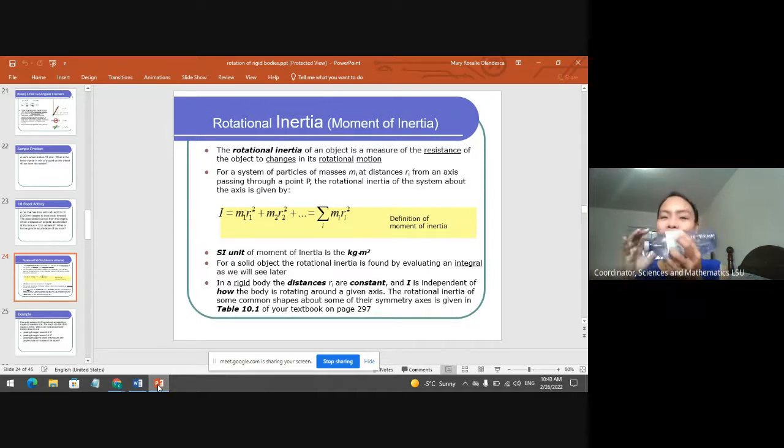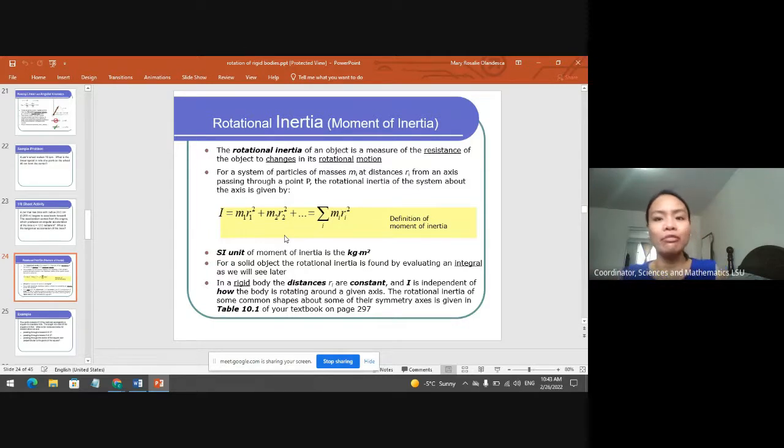There is that moment of inertia or rotational inertia, which is the resistance of the object to change in its rotational motion. Our formula for that is I equals m1 r1 squared plus m2 r2 squared and so on, where m1 is the mass of object 1, and r1 is the radius or the distance of the mass from the pivot point.